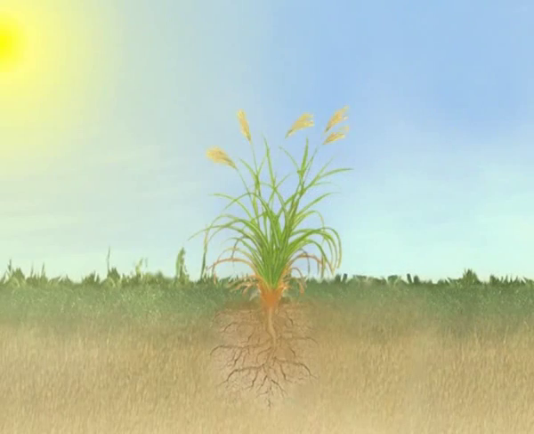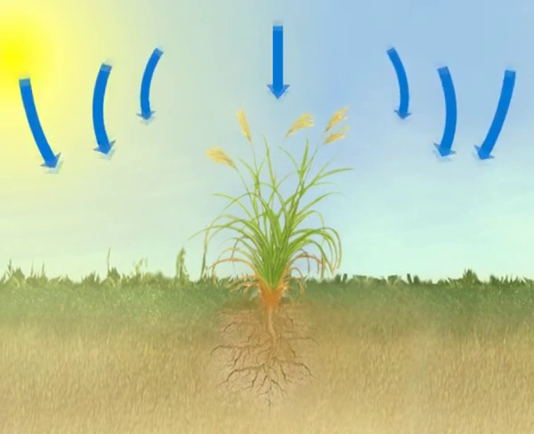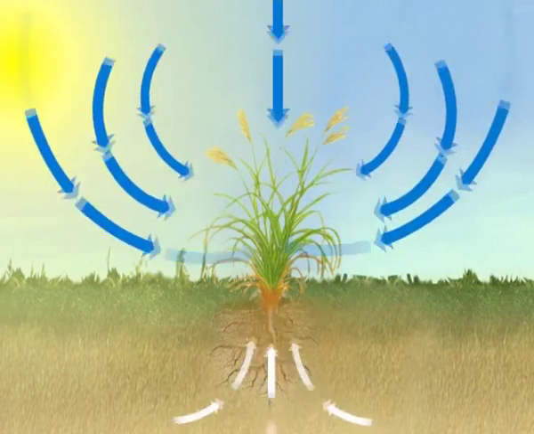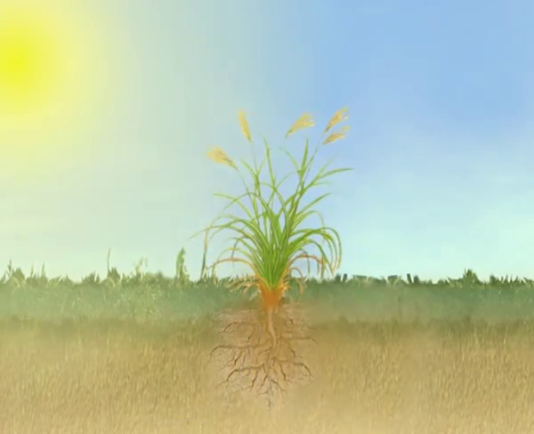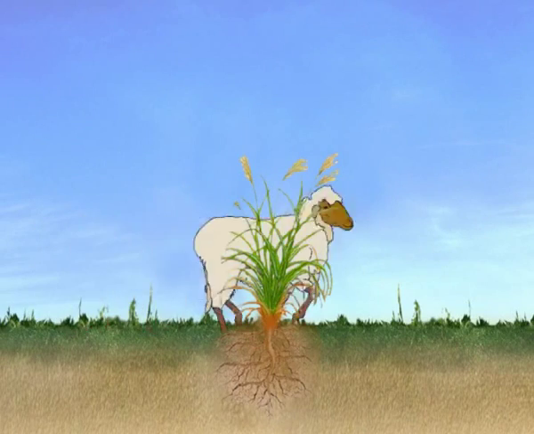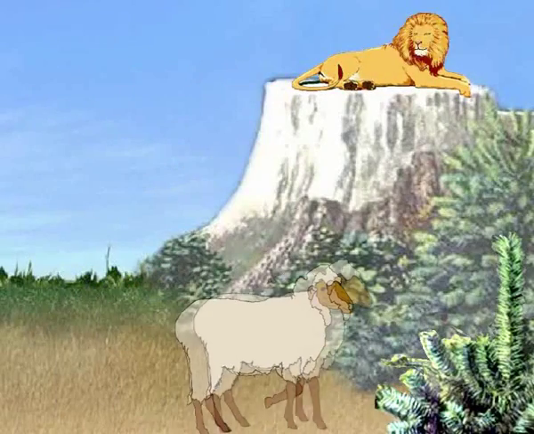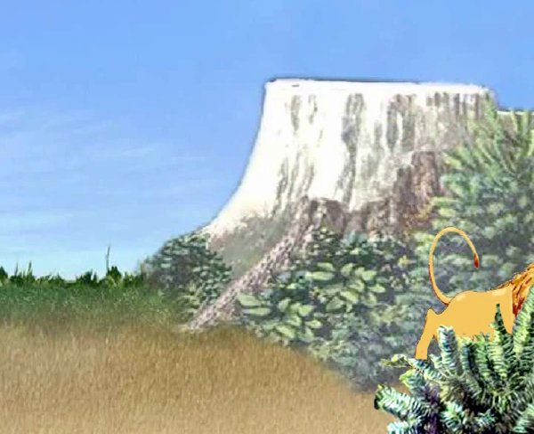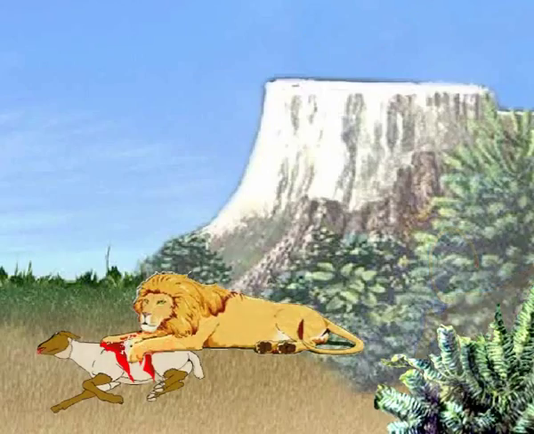In a food chain, plants are producers. They prepare their food through photosynthesis. And these green plants are eaten by herbivores. Example, animals like sheep. Herbivores are eaten by carnivores, that is, sheep eaten by lion.